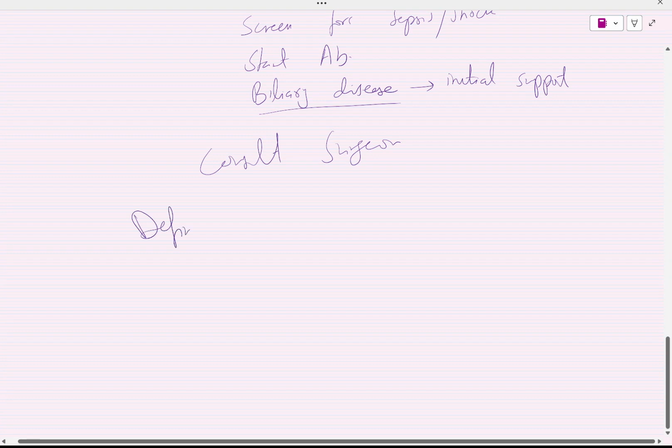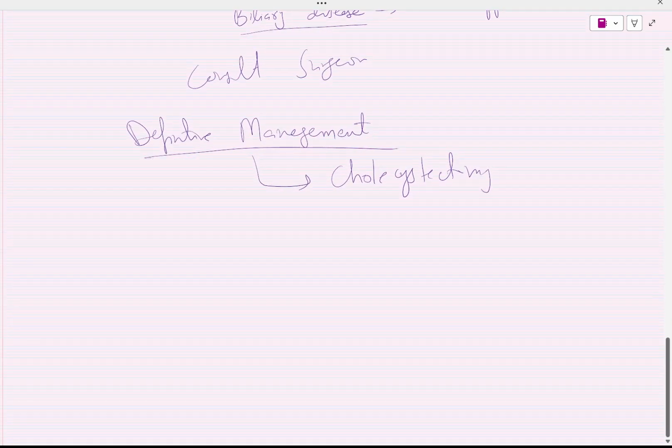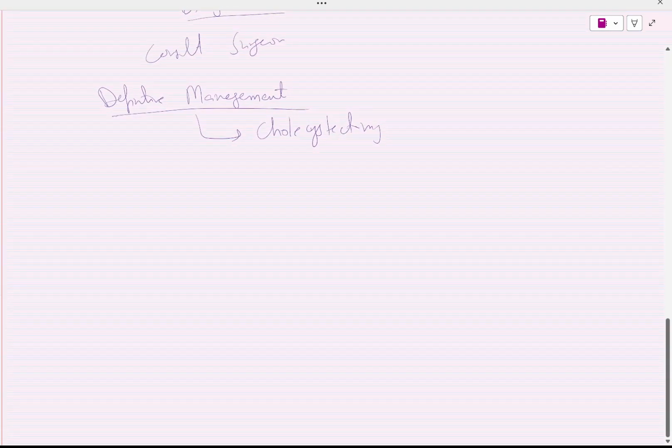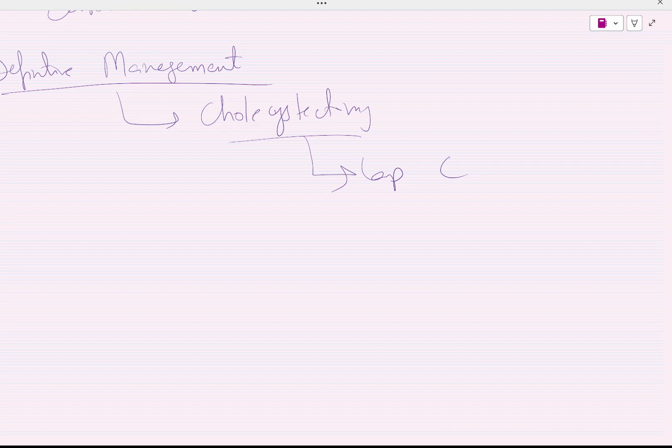The definitive management, I told you, is cholecystectomy, removal of the gallbladder. If a patient comes to you as early as possible and you have a laparoscopic surgeon available, you will go for laparoscopic cholecystectomy.